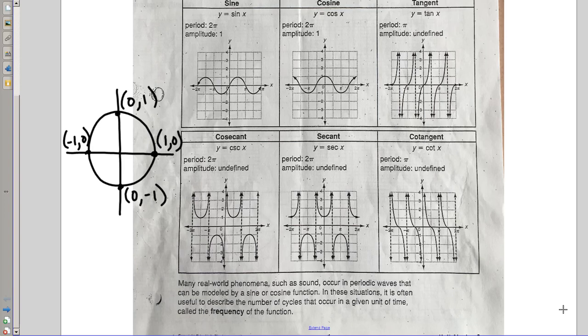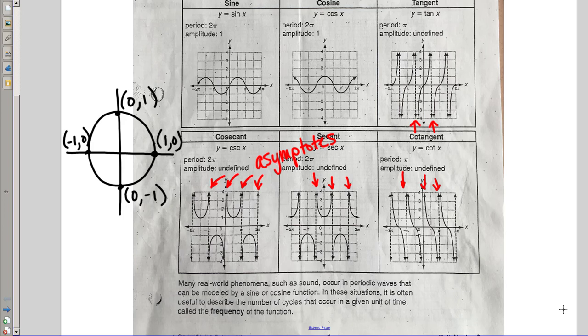So if you have 1 divided by 0, you're going to have undefined, which is why you notice that cosecant and secant, and of course cotangent and tangent have these dotted lines. And remember, those dotted lines are asymptotes. And the reason we get asymptotes is for undefined, division by 0.